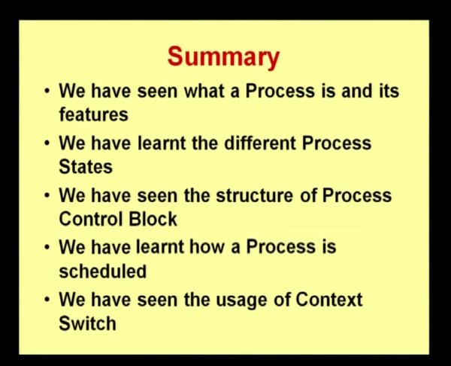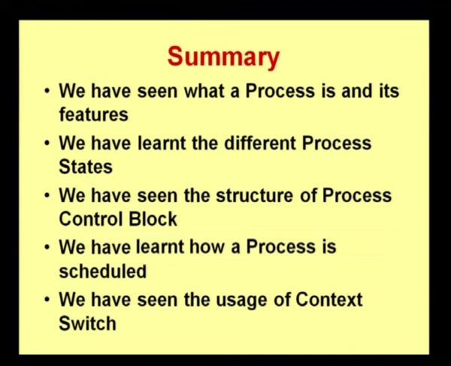Then we saw the process control block. What are the different components available inside a process control block? We also saw the structure of a process control block, and where the process gets stored when it is kept on a ready queue.